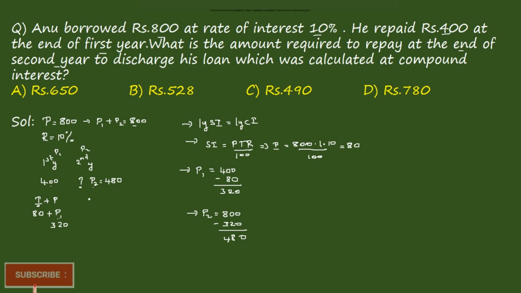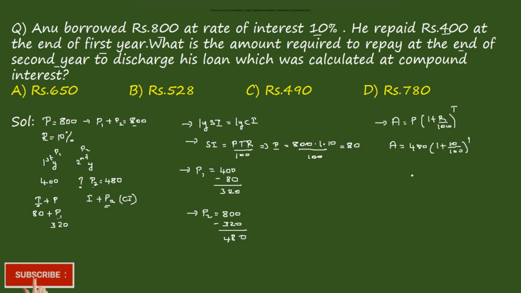In the second year he will be paying interest plus P2. It is a compound interest, so we can directly find the amount using a formula. We know that amount is equal to P into 1 plus R by 100, whole power T. Here the amount is equal to the principal 480 into 1 plus 10 by 100.